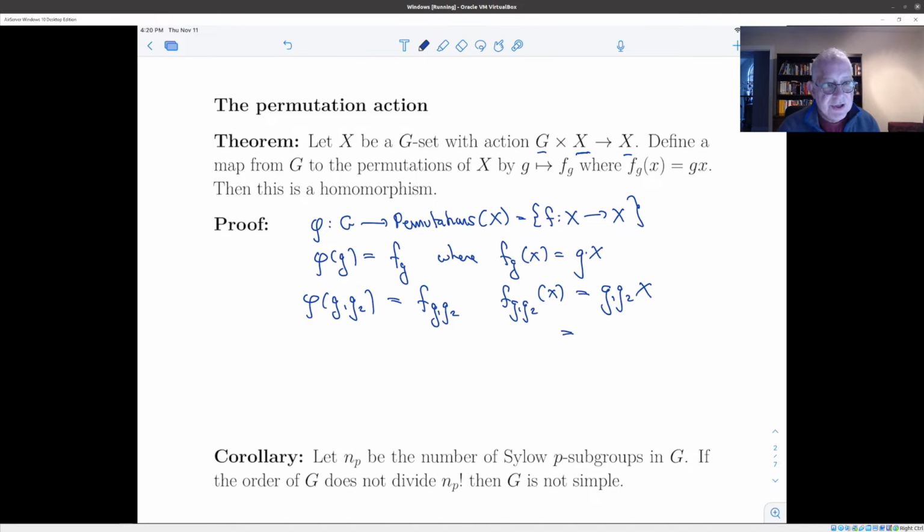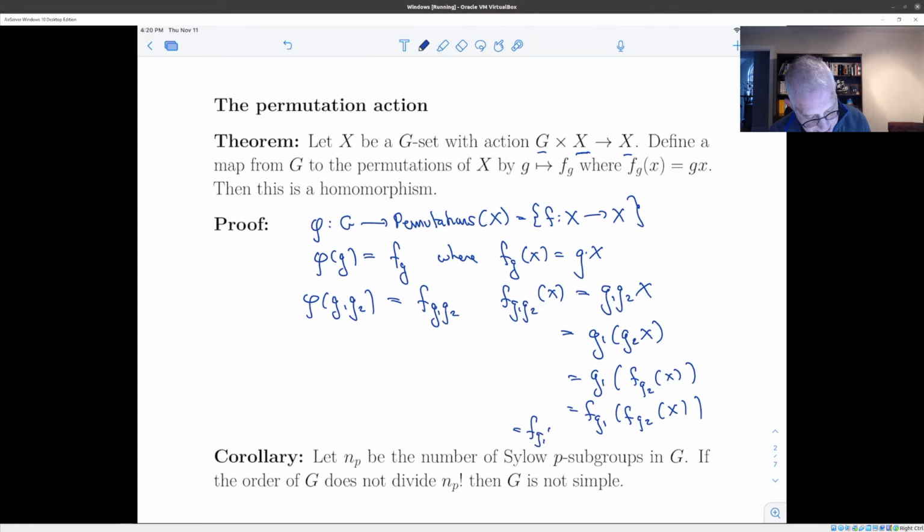But by the properties of a group action, that's g1 of g2 x, which is g1 of f g2 of x, which is f g1 of f g2 of x, which is f g1 composed with f g2. So phi of g1 g2 is f g1 composed with f g2, which is the same as phi of g1 phi of g2, since the multiplication in the permutation group is just composition of functions.